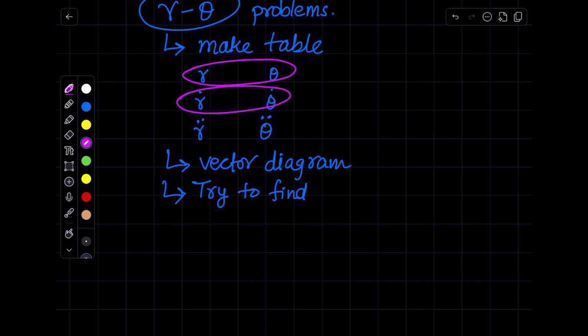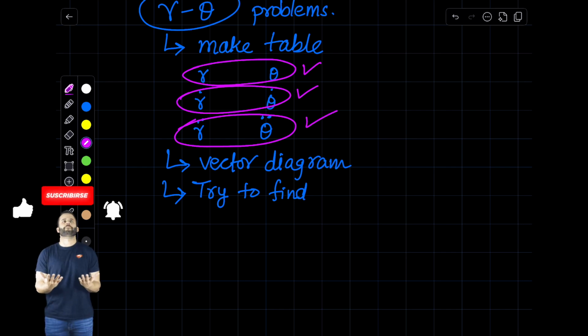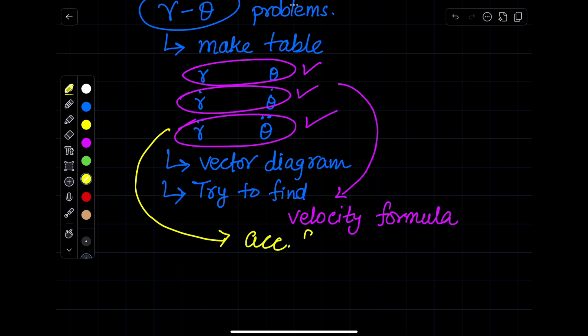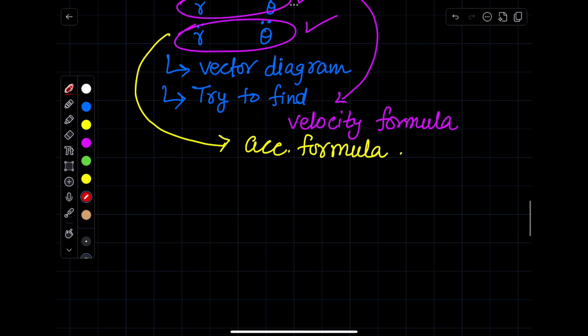Make sure that you choose the axes very carefully, okay? And based on this vector diagram, use the formula and try to find r dot, r double dot, theta dot, theta double dot. So r dot and theta dot are basically calculated from the velocity formula. And just another reminder that r double dot and theta double dot are calculated from the acceleration formula.